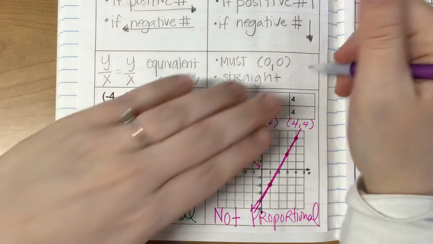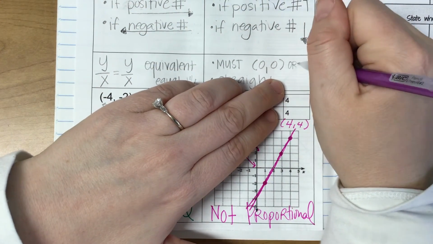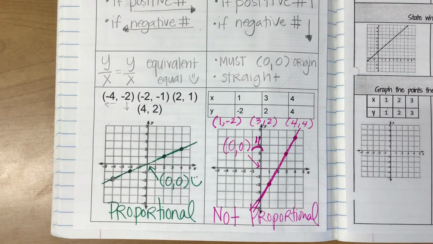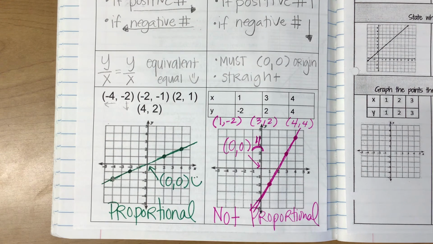Let's put that vocabulary there. Origin, 0, 0. Anyone have an easy way or a fun way or a creative way or a matching way? How can I remember that the origin is 0, 0? Do you remember? Anyone have a trick for that?